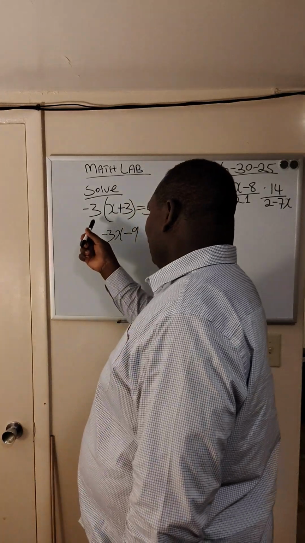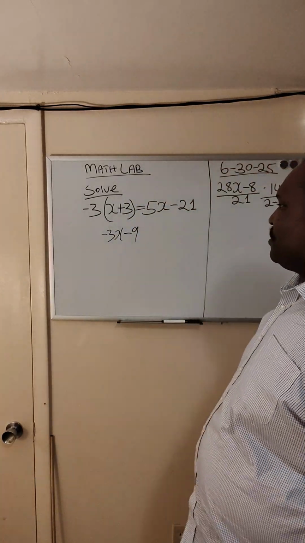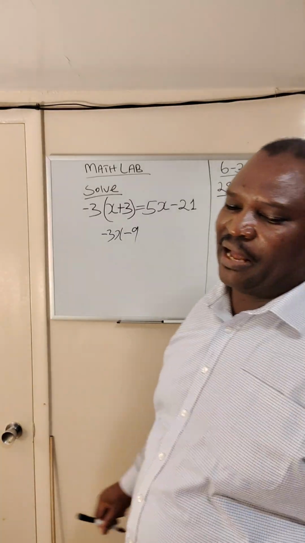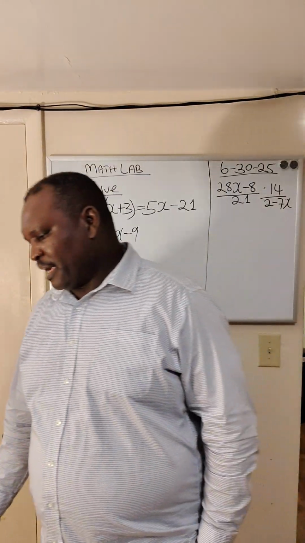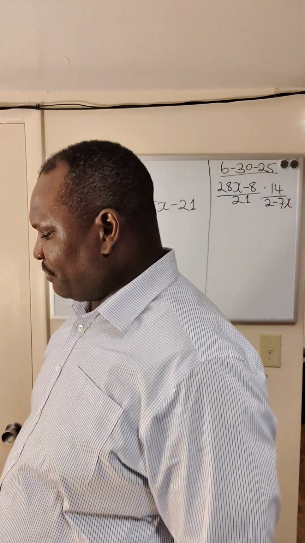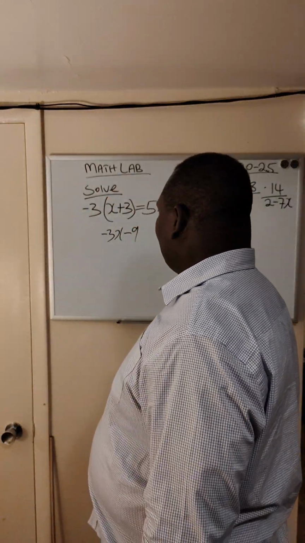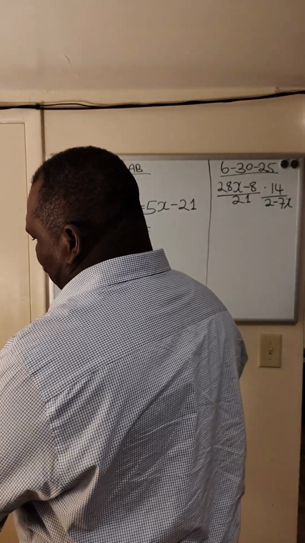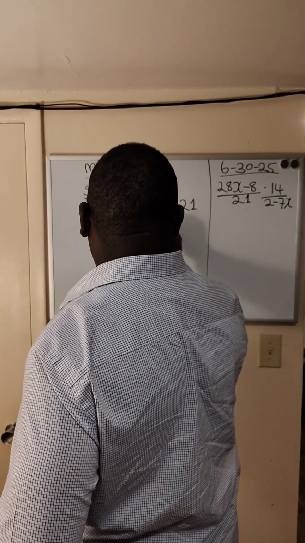You can see the change of the signs. Take note of the change of the sign. When the negative crosses to the other side, it becomes positive. Now that is equal to 5x.